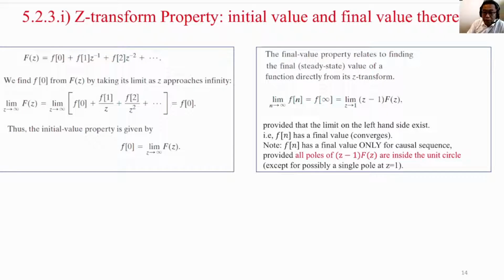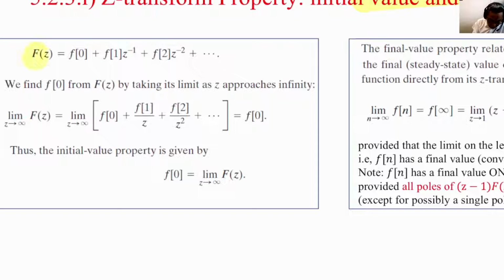This is a slide introducing the initial and final value theorem for Z-transform. Given F(z), if we want to find small f(0) in time, what we can do is take F(z) and let z tend to infinity.